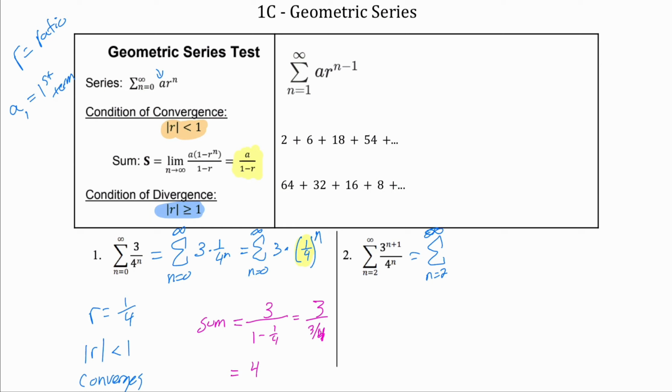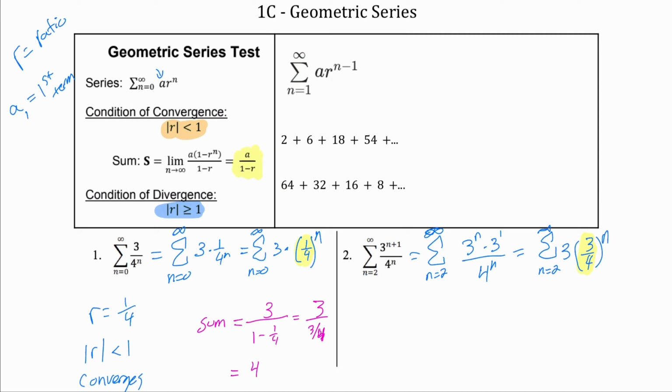That 3 to the n plus 1, we can rewrite as 3 to the n times 3 to the 1, because adding exponents is the same as multiplying the bases, over 4 to the n. The cool part is we can group that 3 to the n over 4 to the n together. We can have that ratio of 3 over 4 to the nth power, and then that 3 we can just put up front. Again, what that allows us to do is find our common ratio.